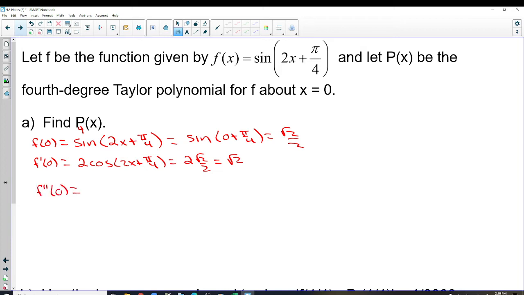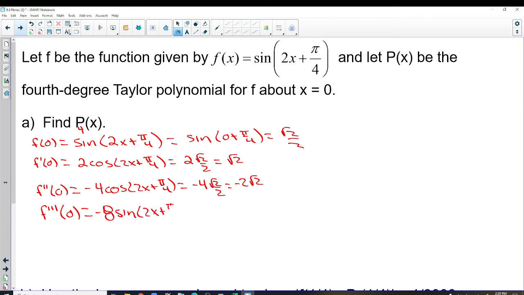Second derivative, negative 4 sine of 2x plus pi over 4 is negative 4 square root of 2 over 2 when we plug 0 in. So negative 2 square root of 2. Two more. Here we go. Third derivative, negative 8. I almost wrote 4. Oh, I need, you're right, I need sine here, and then this will make that cosine. Thank you.